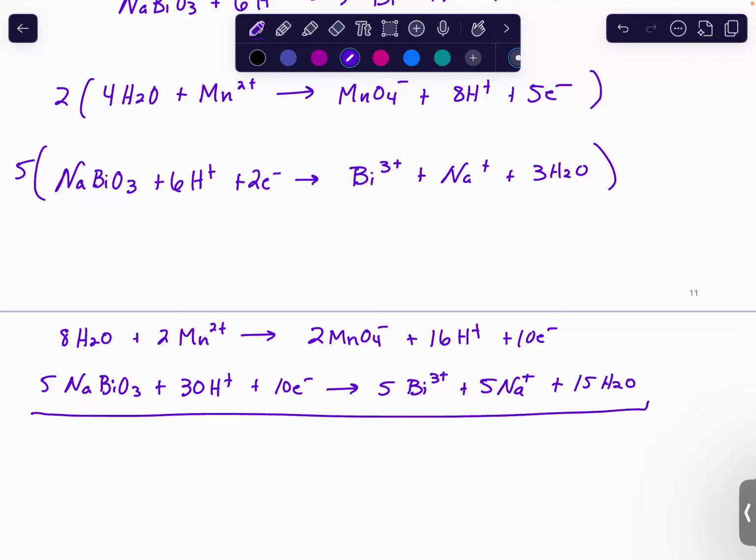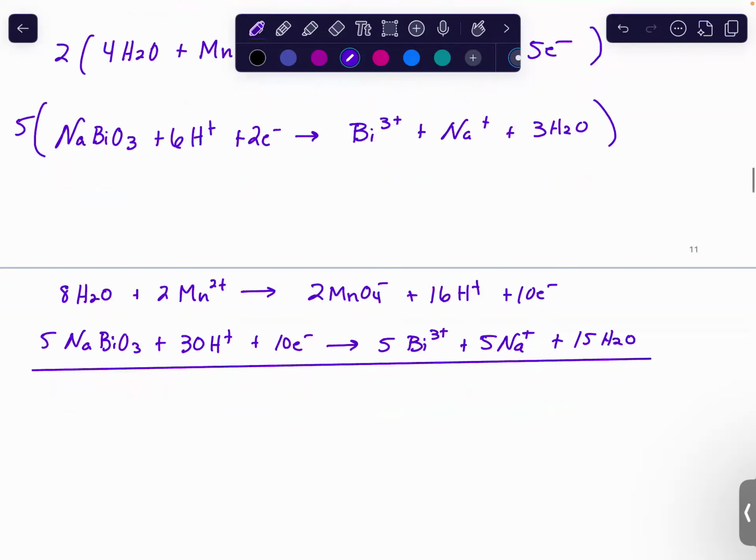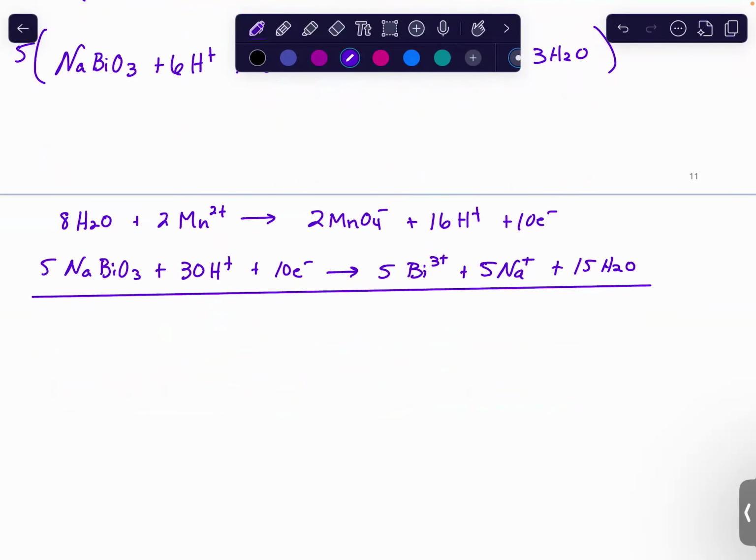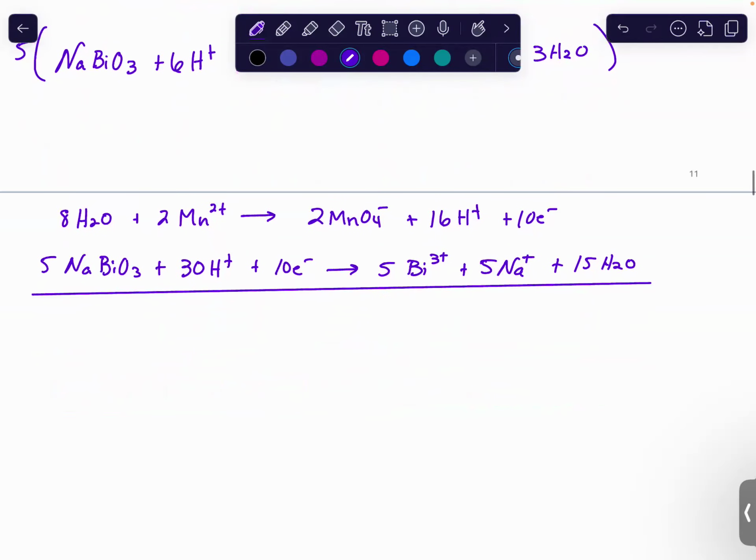Now what I'm going to do is go ahead and add everything together. It's going to be a big one. Now, I add everything together, then cancel. If right now you decide to cancel the 10 electrons, I don't care.